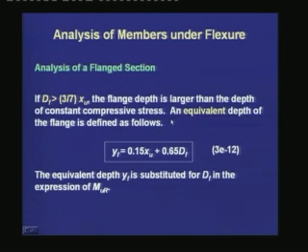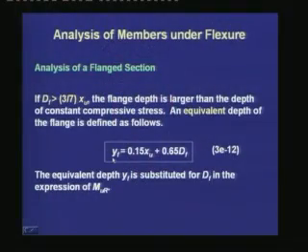In that case, the code allows us to define an equivalent depth of the flange. This equivalent depth means that the compressive force in the flange will be equal to the compressive force in this new flange with the equivalent depth, and the expression of this equivalent depth is YF equal to 0.15 XU plus 0.65 DF.